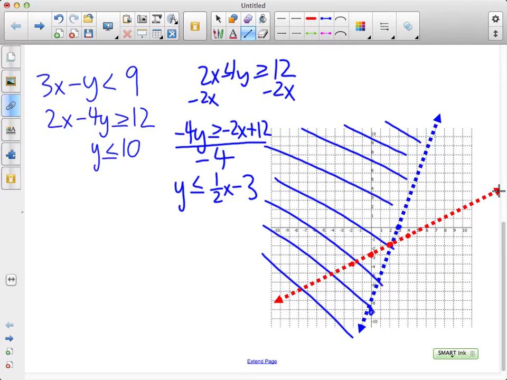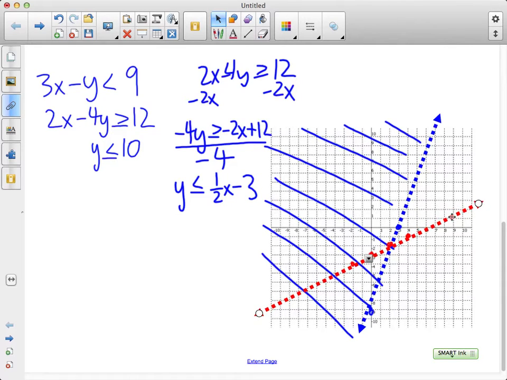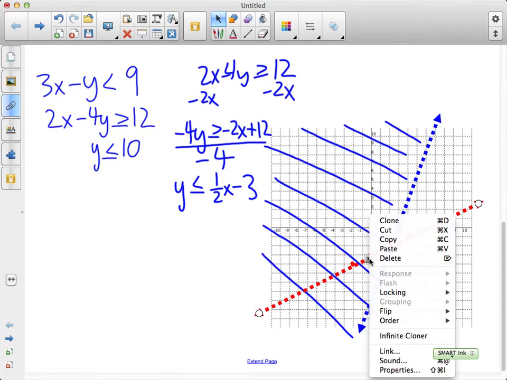And since this one is in slope-intercept form, it's a less than or equal to. Oh, good point. That's a less than or equal to, which means this line should not be dotted, but solid.